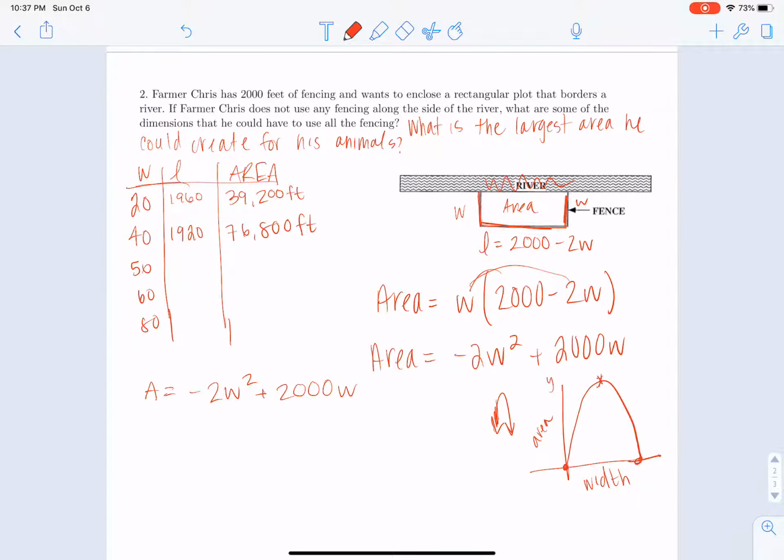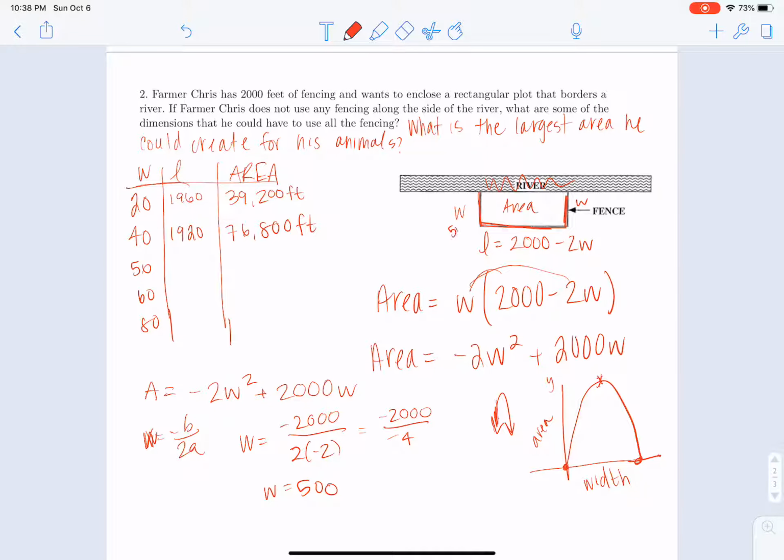So I can start by using x equals negative b over 2a, or W equals negative b over 2a. So W equals negative 2,000 divided by 2 times negative 2. So here I get negative 2,000 over negative 4. And when I go ahead and do that, that's going to give me a width of 500.